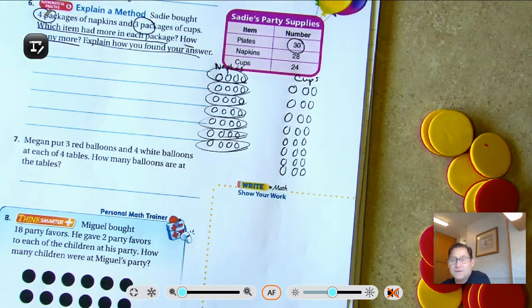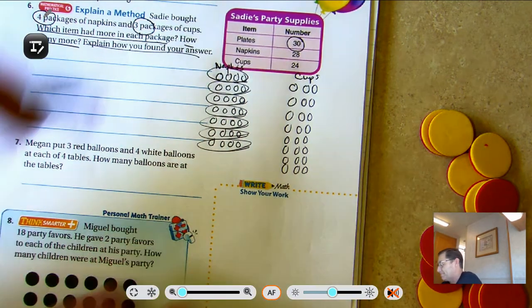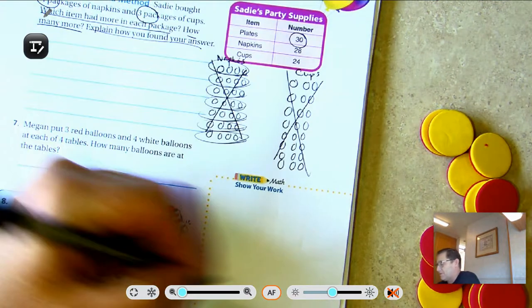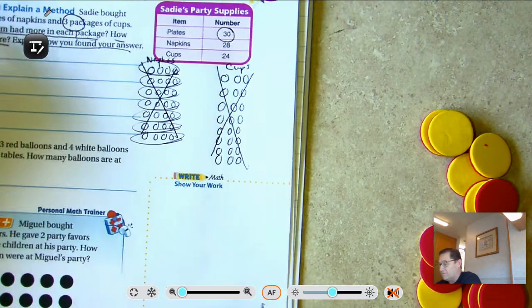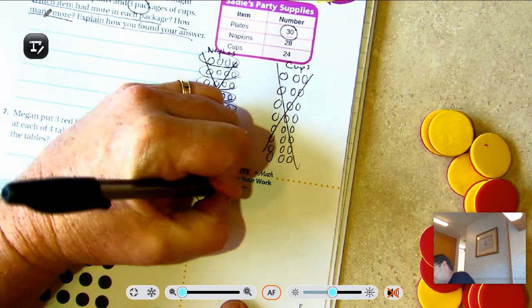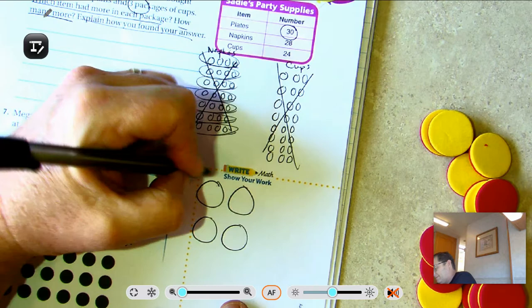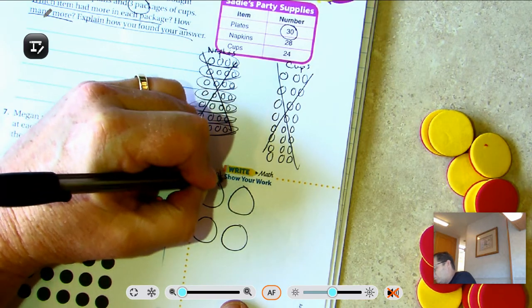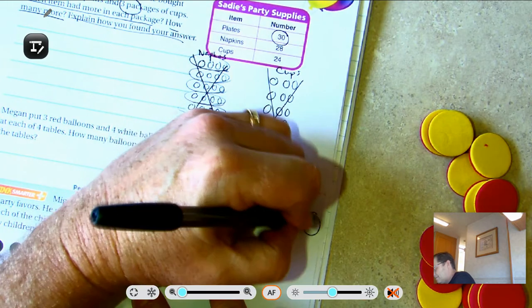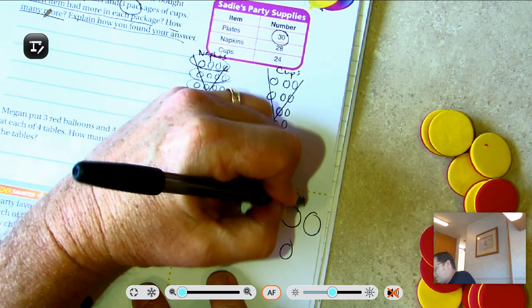Actually, that's not the way I wanted to do that problem, guys. Sorry. Okay, let me try this one again. All right. So 4 packages of napkins. That tells me there's 4 groups. Okay. 4 groups of napkins, 3 packages of cups.